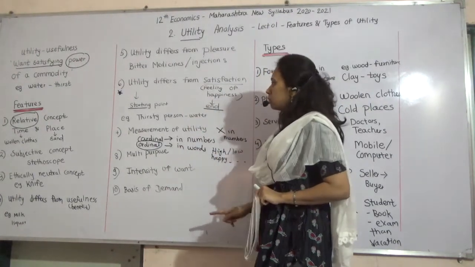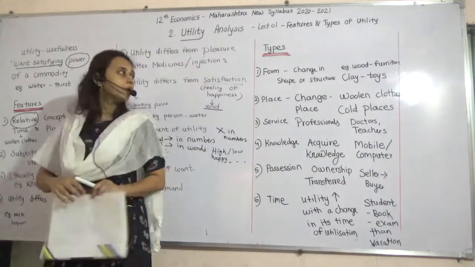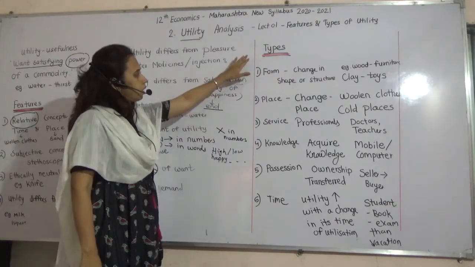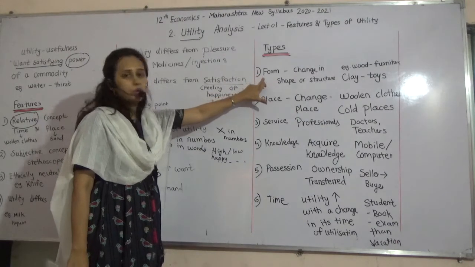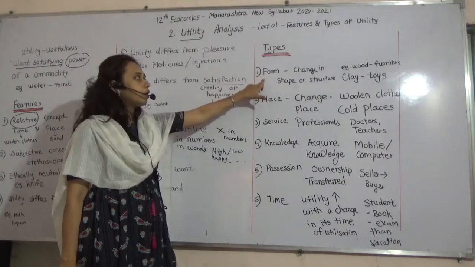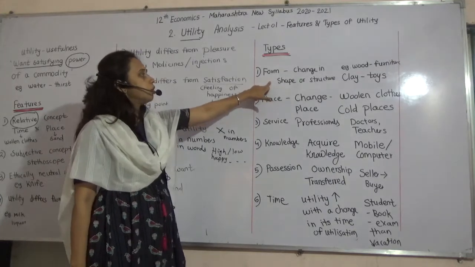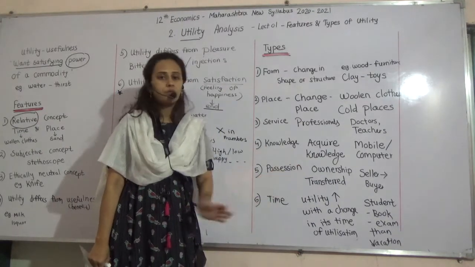We are done with these features. Now we will see the types of utility. Let's start with the types of utility. First is form utility. I will give you a very simple example. Suppose you want to buy furniture, some sofa set.